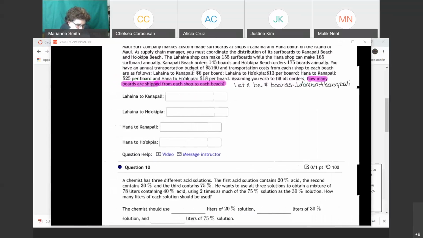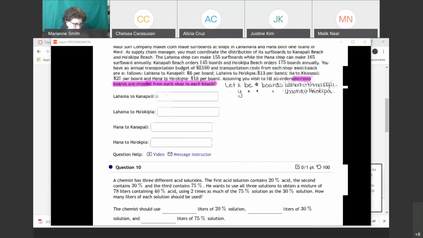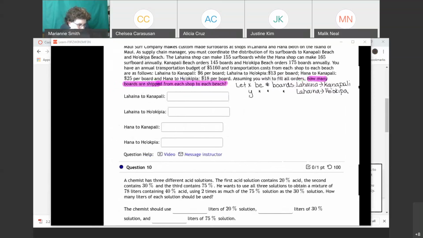Okay, so that's that first box. Then I said let Y be the number of boards from Lahaina to Ho'okipa. Okay, that's the second box.